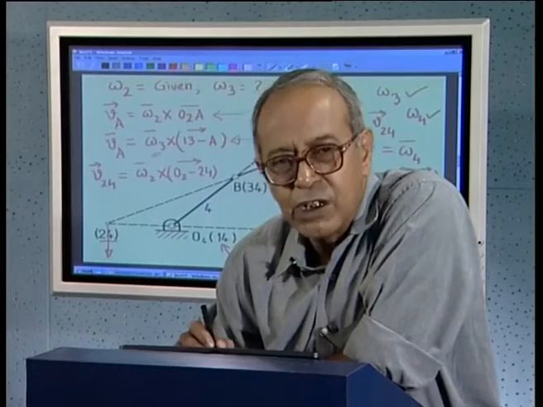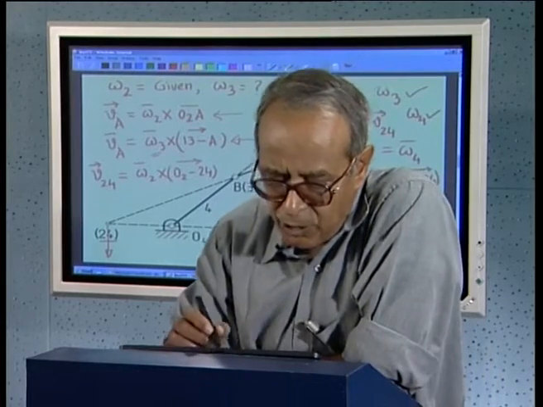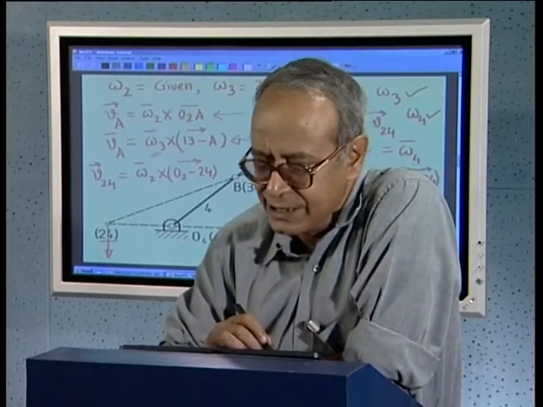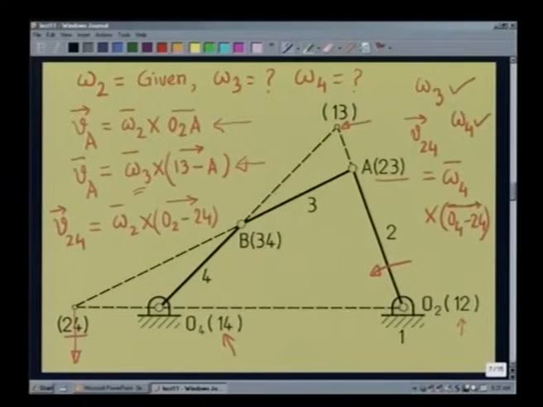If the input angular velocity is given, we obtain all the relative instantaneous centers and use them judiciously to determine all the unknown quantities. Suppose we are interested in finding the velocity of this particular point on link 3. We have already found omega 3, and link 3 is rotating about 1 3.